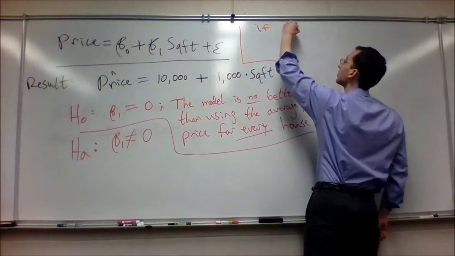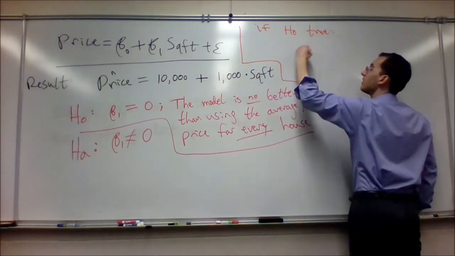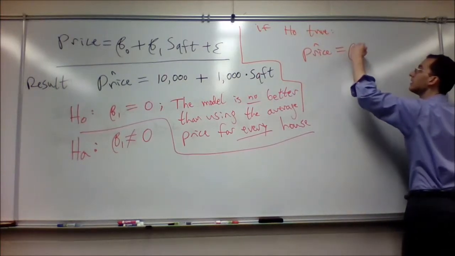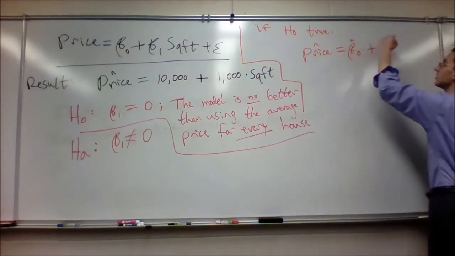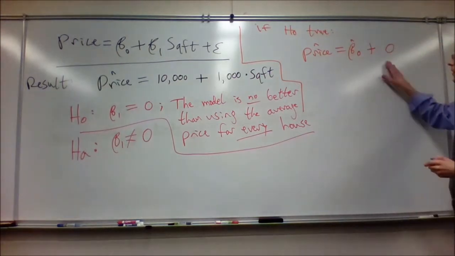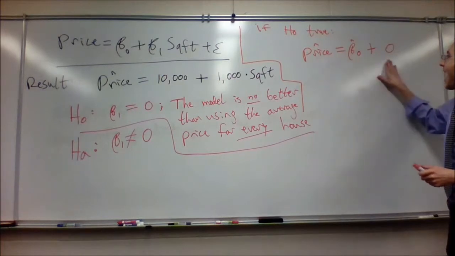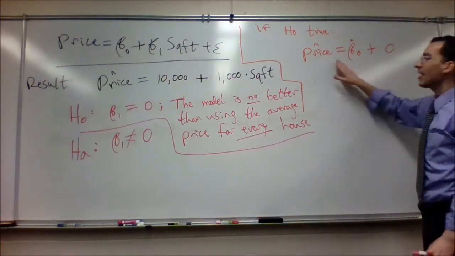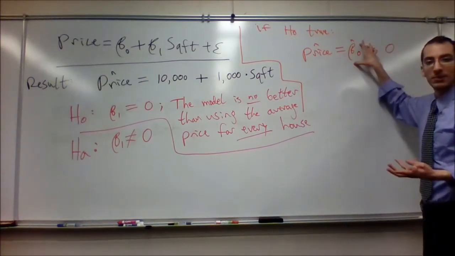So if a 0 is true, then my model becomes price is equal to some beta 0 plus 0. What it's telling me then is that at every single square feet, the predicted price for my house is just going to be this intercept.